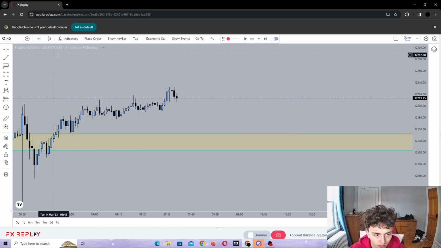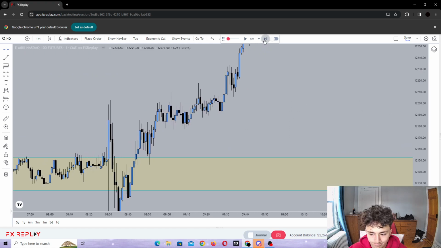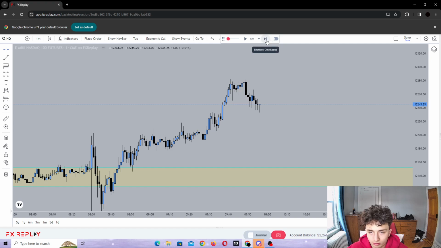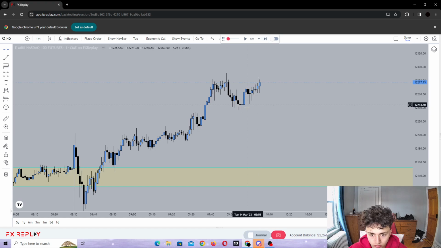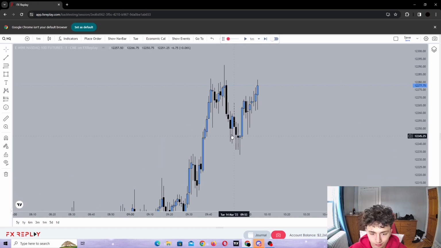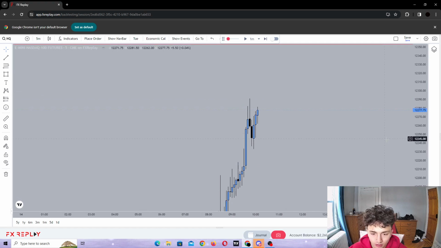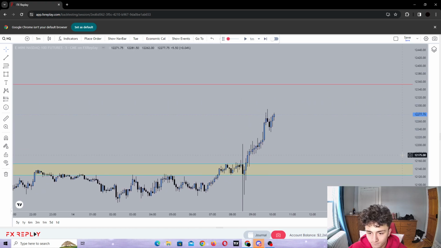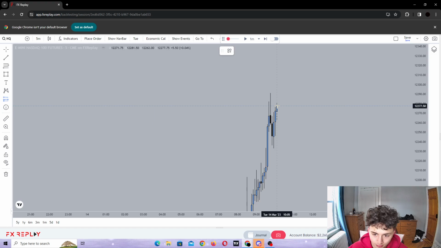All right, let's check out the 1 minute. Let's find out some liquidity. Bounced off of 1 minute fair value gap, and it bounced off of this 5 minute. I can take this, even though it's not my strategy that I'm backtesting.